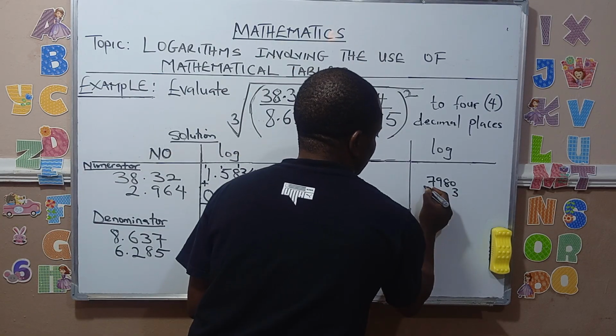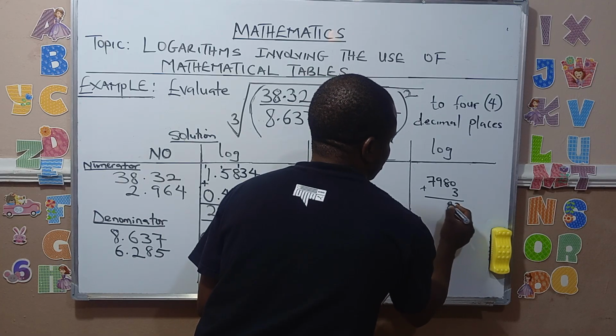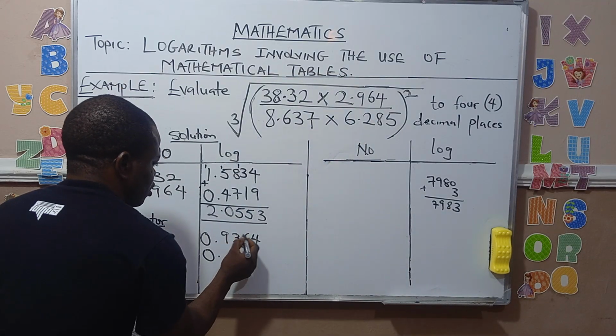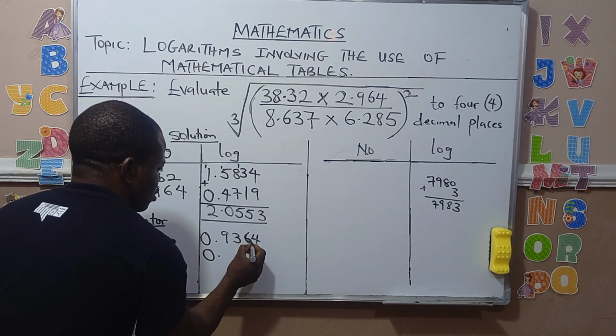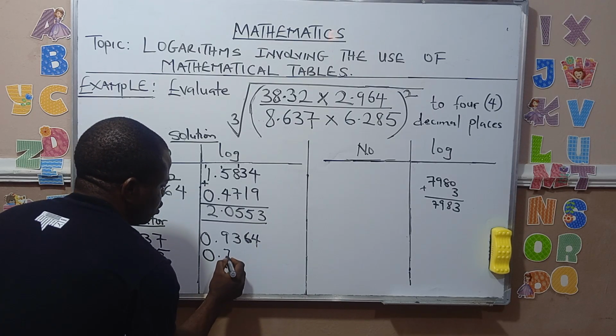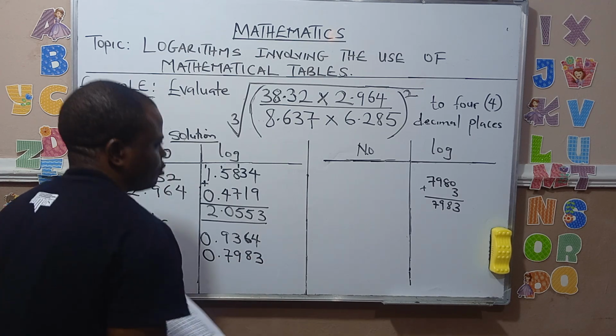Adding it from the back, 0 plus 3, that's 3, bring 8 down, 9, 7. We're having 0.7983.